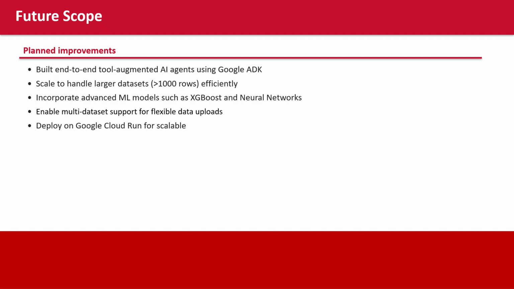Then you could build in advanced ML models such as neural networks or XGBoost, or you could incorporate other libraries as well, such as calling BERT models for natural language processing and other tasks.